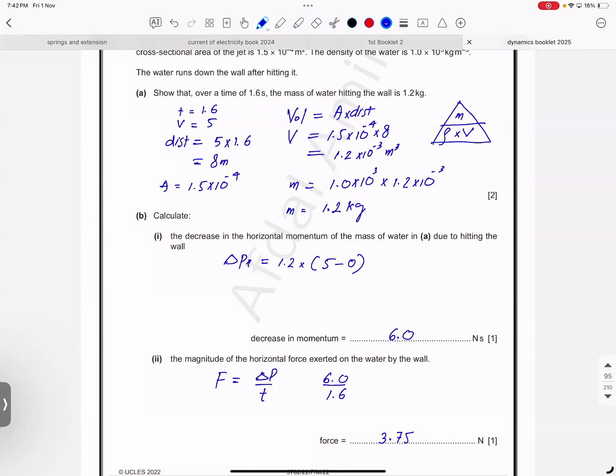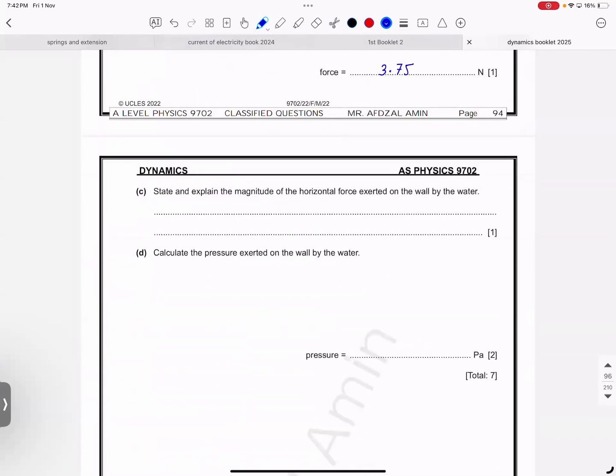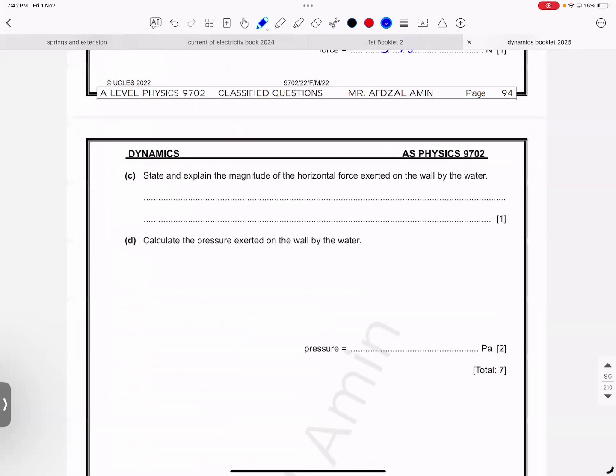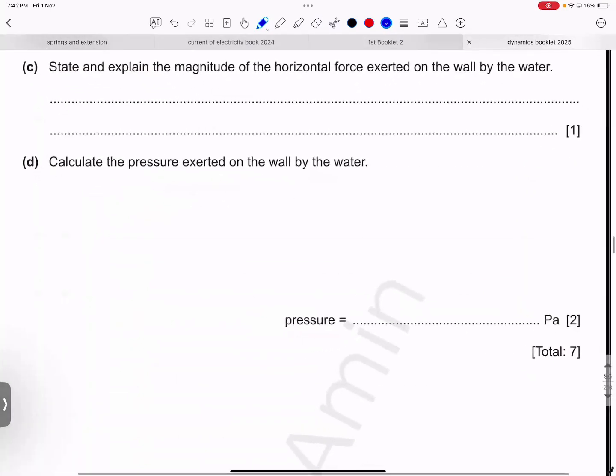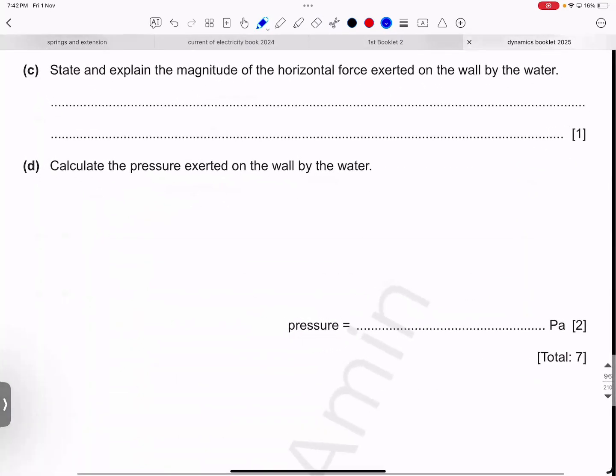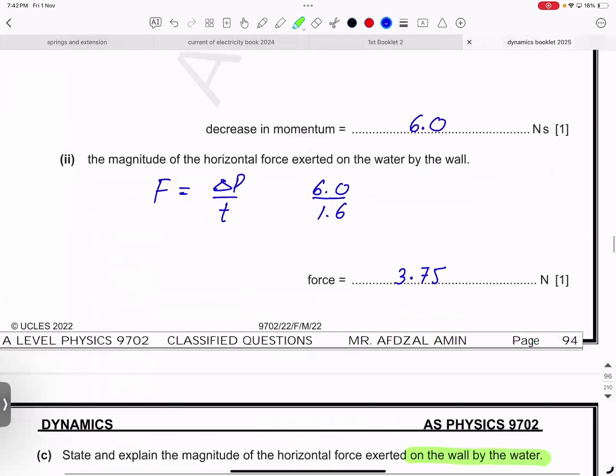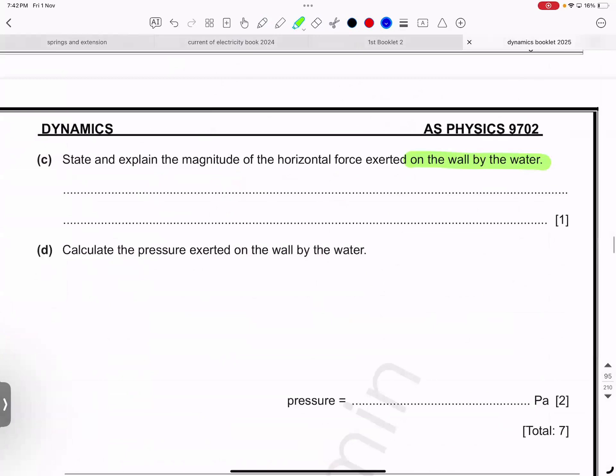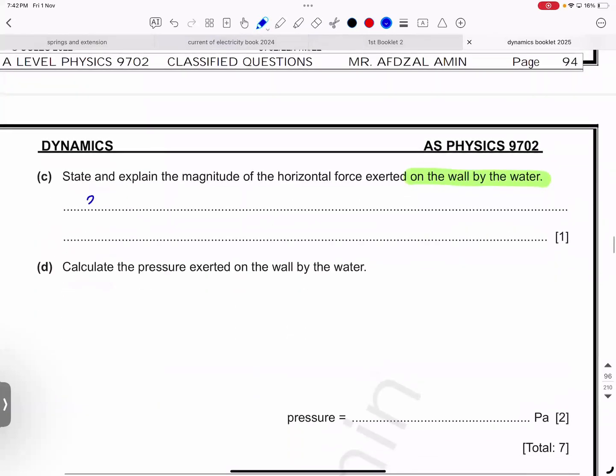State and explain the magnitude of horizontal force exerted on wall by water. Newton's third law of motion says what? This was force on water by wall, and this is force on wall by water. Same. State how much? 3.75 newton.